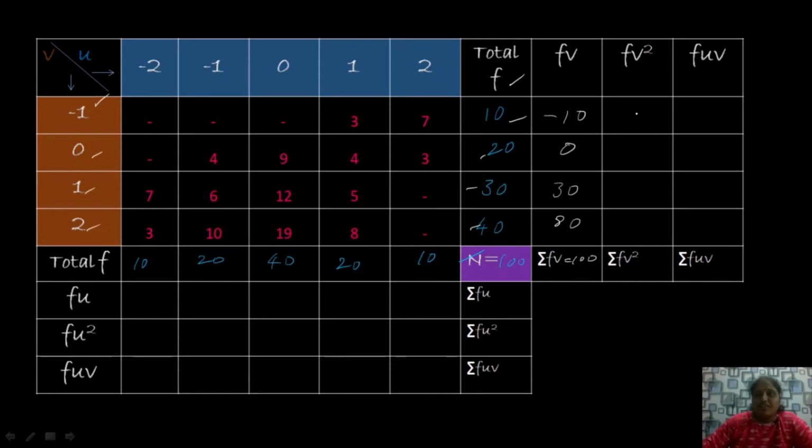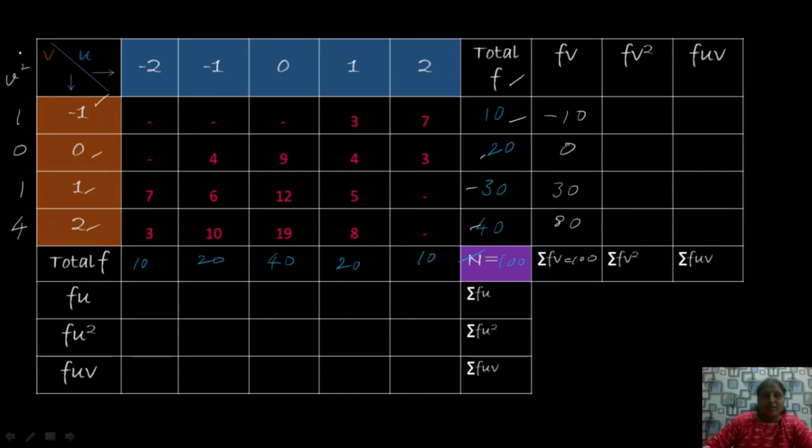Next, FV square. For that we have to square the value of V first, since the values of V here are minus 1, 0, 1, 2. So by squaring these values, V square takes the values: minus 1 square is 1, 0 square is 0, 1 square is 1 and 2 square is 4.